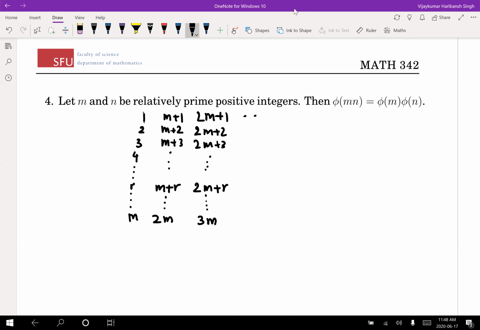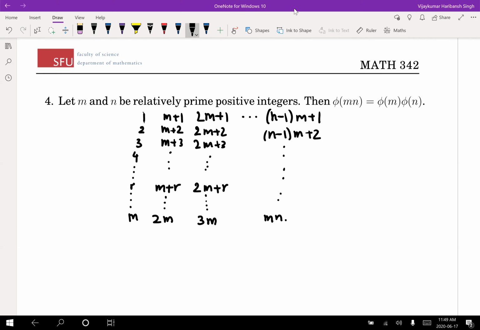Then again, we'll keep listing this. We'll have n minus 1 times m plus 1, n minus 1 times m plus 2, n minus 1 times m plus r, n minus 1 times m plus m, which is going to be mn.